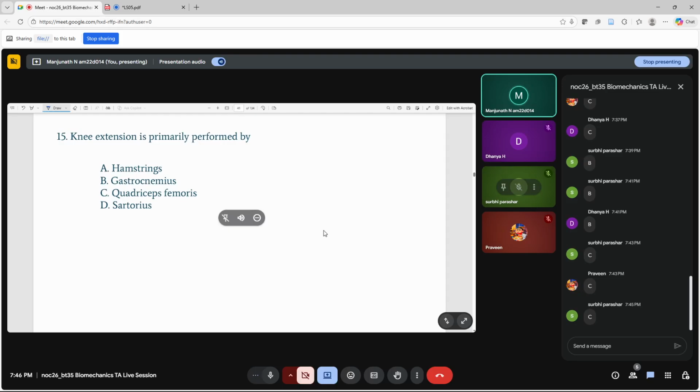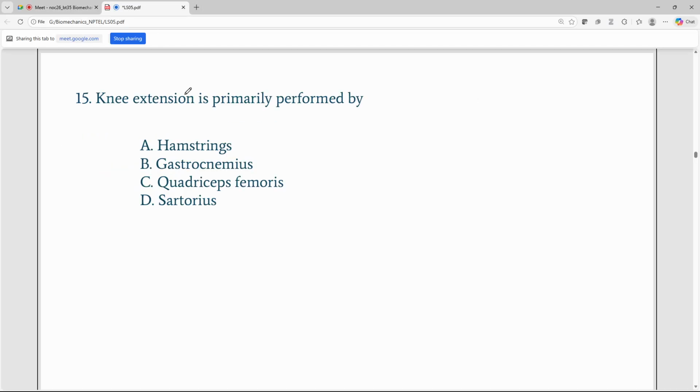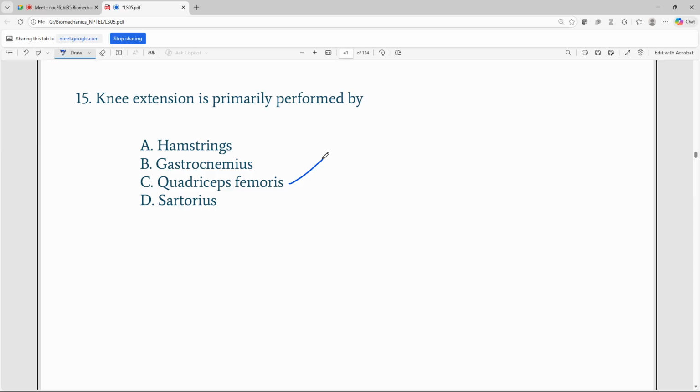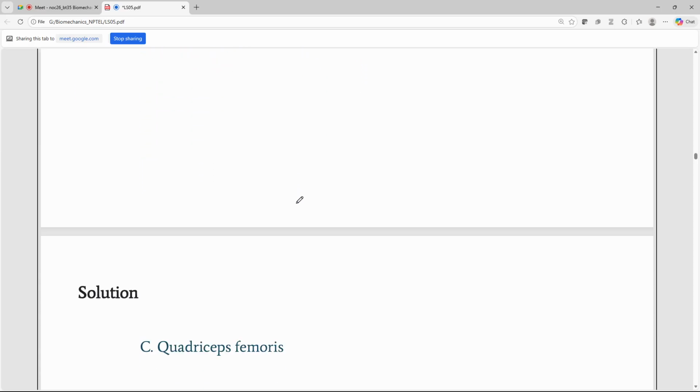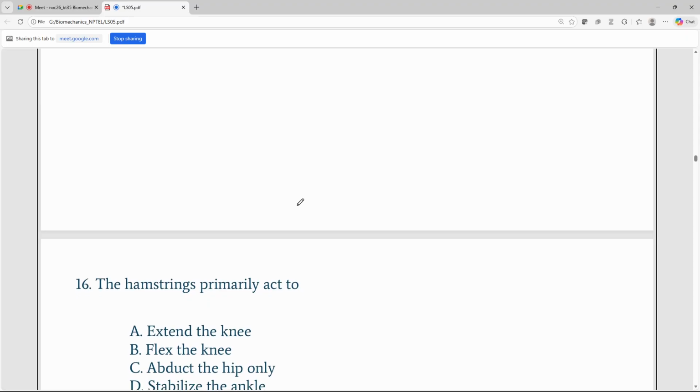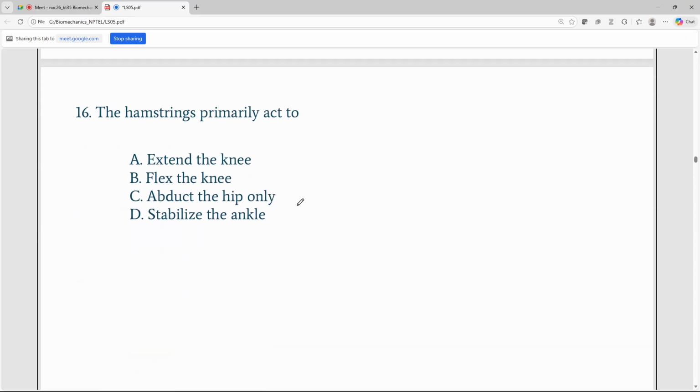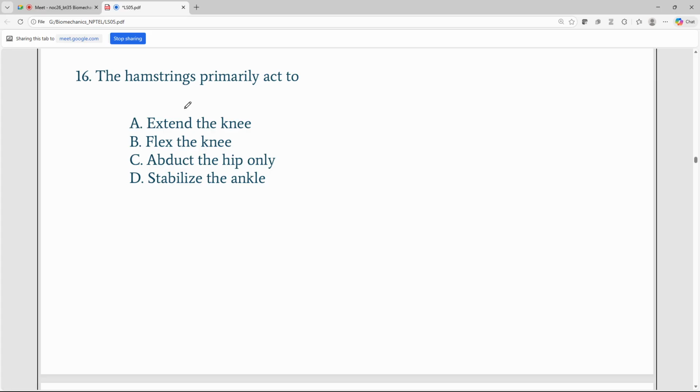Answer is option C, that is quadriceps femoris. Next question. The hamstrings primarily act to which of the following motions?